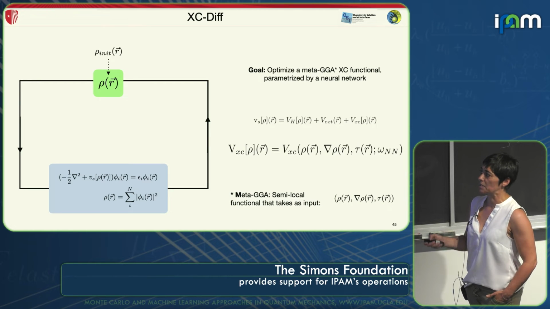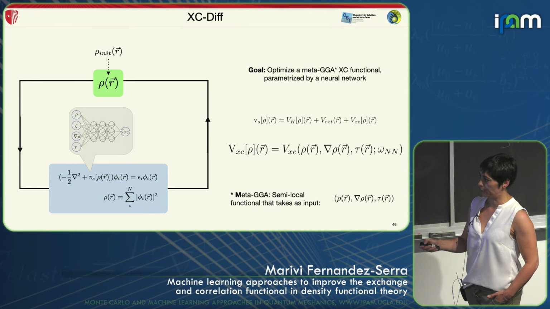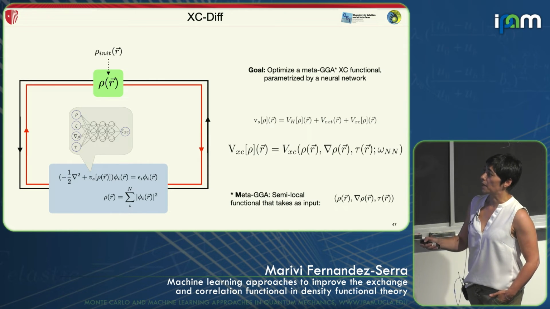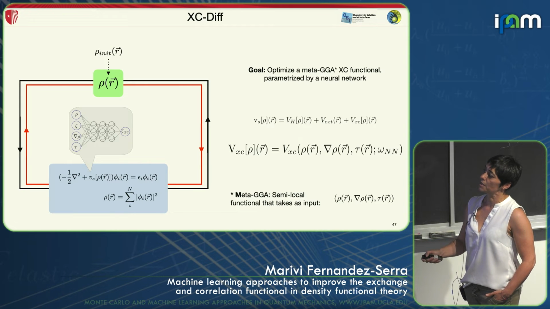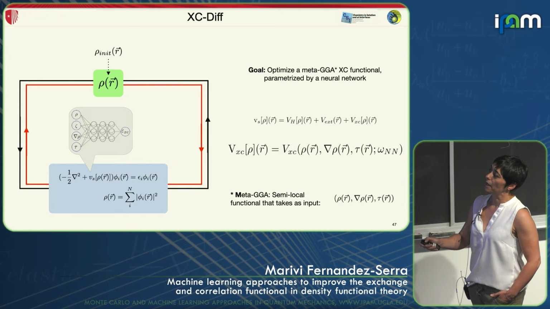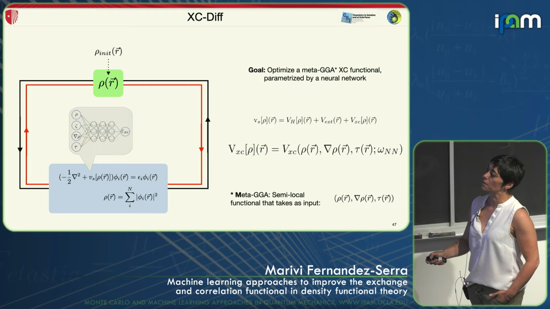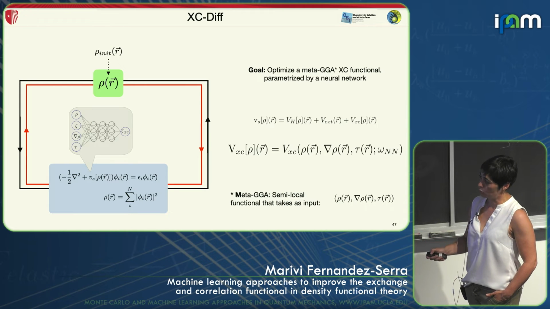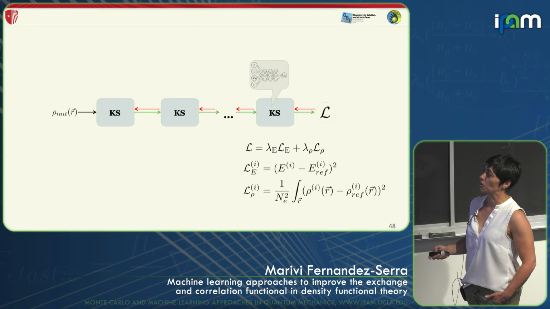So my neural network is now basically on the grid. I can do this because I can run my self-consistent loop in here, and then go forward, backwards in this loop, and obtain the derivatives of each of the steps of my self-consistent loop.